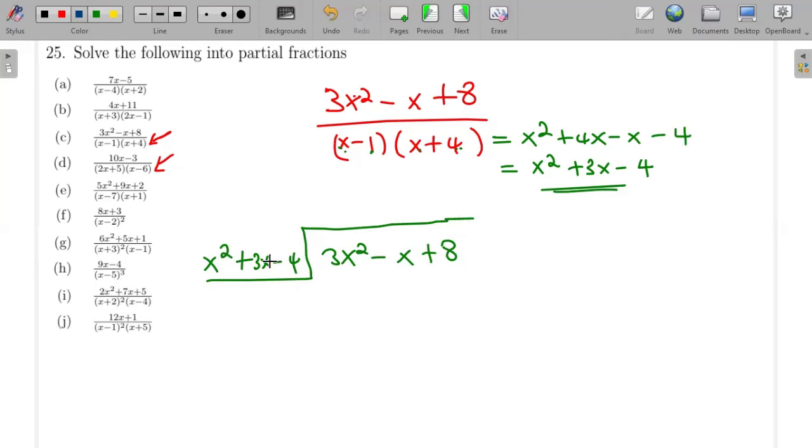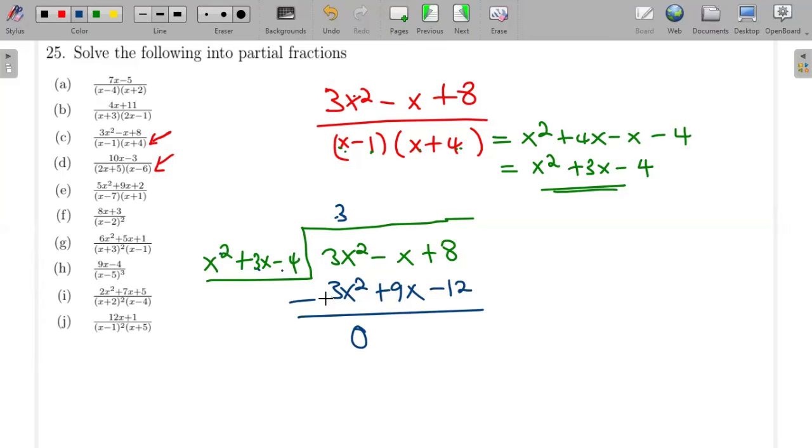So x squared into 3x squared, I'm going to get 3. Then 3 multiplied by this, I get 3x squared; 3 multiplied by this, I get plus 9x; 3 multiplied by this, I get minus 12. Then I subtract. 3x squared minus 3x squared, I get 0.